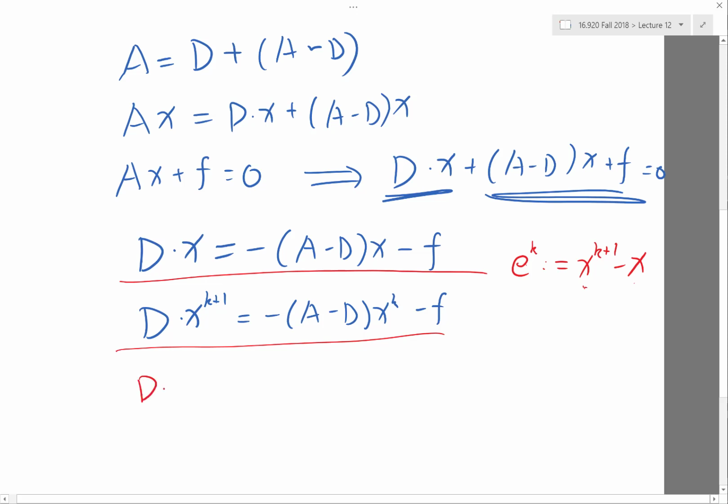We get d times ek plus 1 is equal to minus a minus d times ek, and the f's cancel. Okay? Or if I invert the d on both sides, we get ek plus 1 equal to minus d inverse times a minus d times ek.